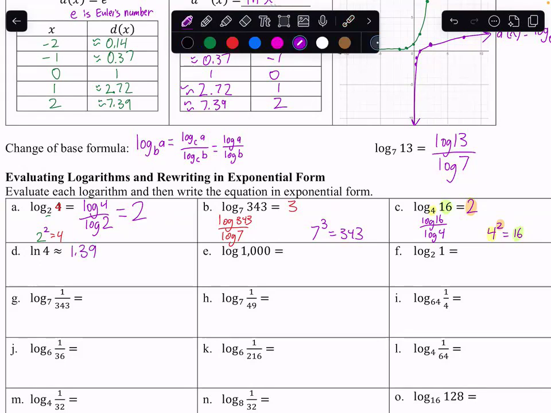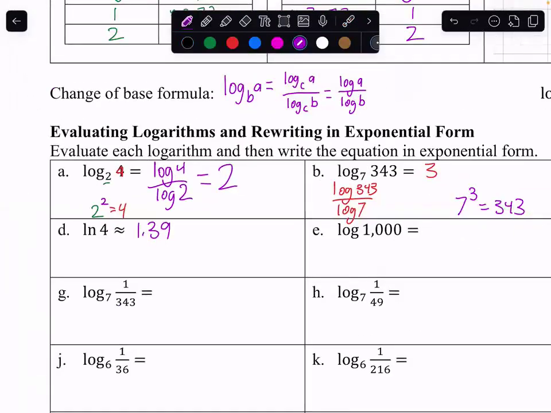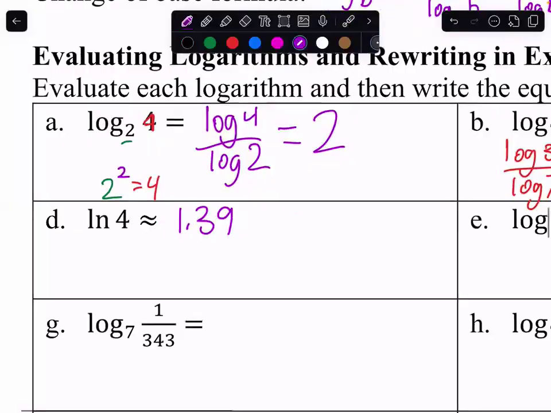Okay, but now what about the second part of the problem? How do we write this in exponential form? So here it might be useful to remember that ln 4, natural log 4, represents log base e of 4. Okay, and then from here, again, we just take the three numbers in the problem and rearrange them.